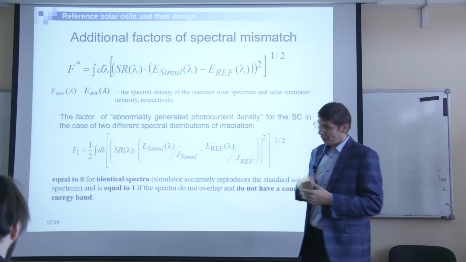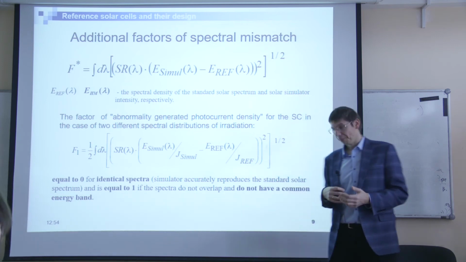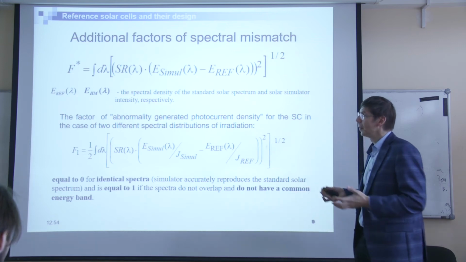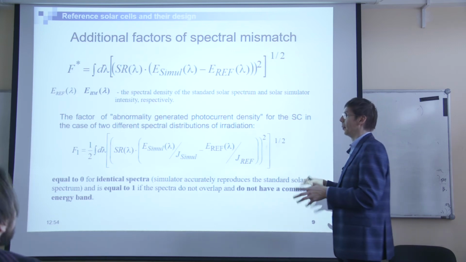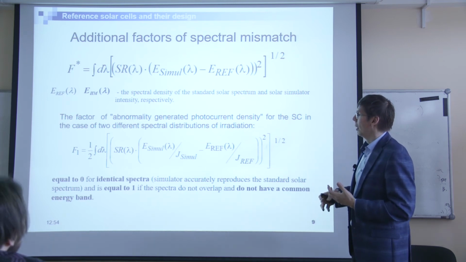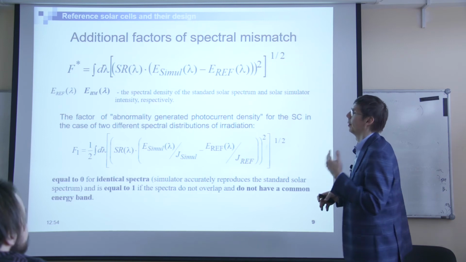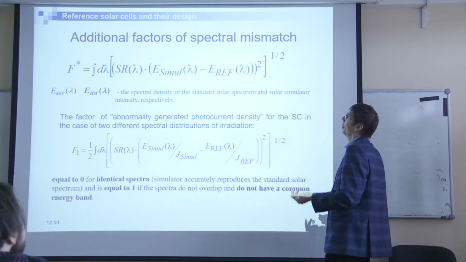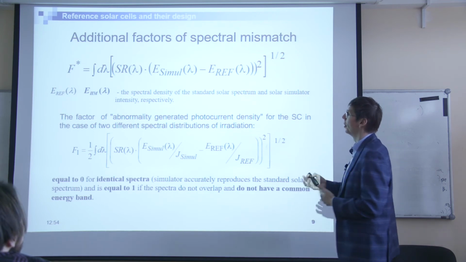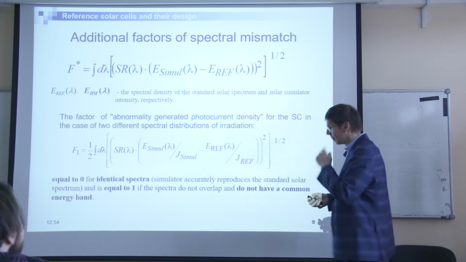But if we switch again to the conventional problem of the measurement, not a concentrator solar cell, but some multi-junction solar cell, I would like to speak about two additional parameters, how we can estimate the spectral match.